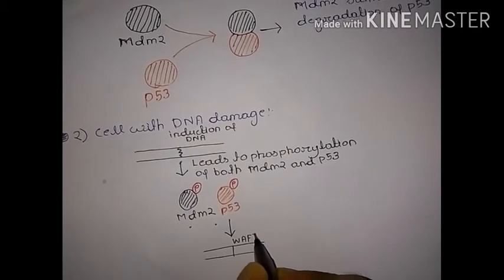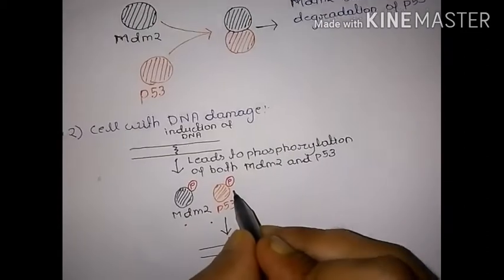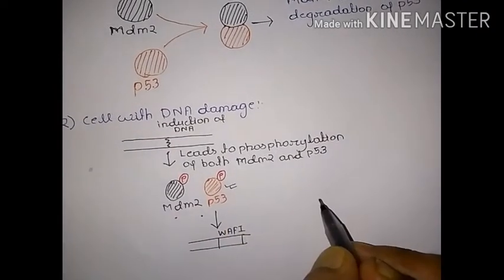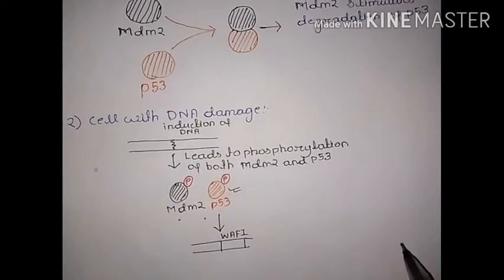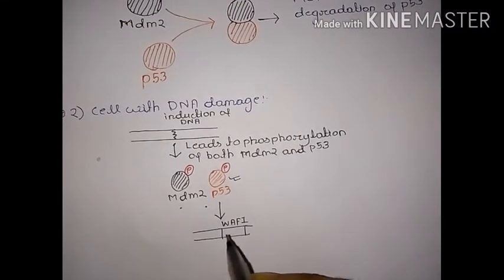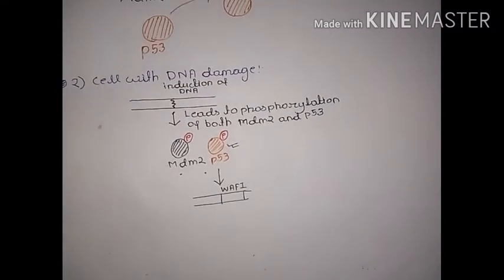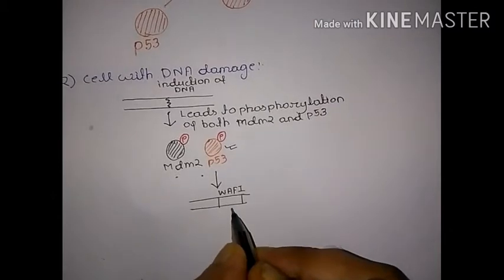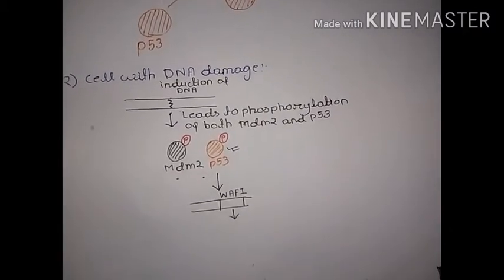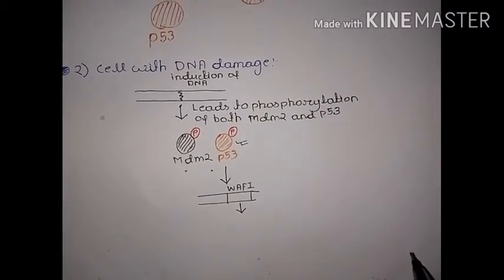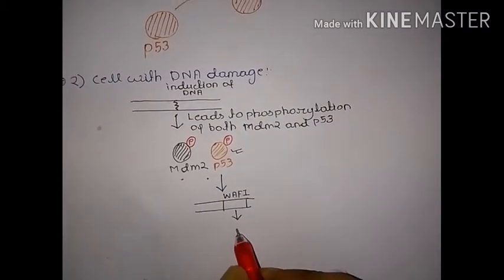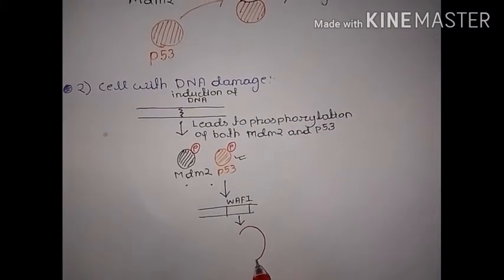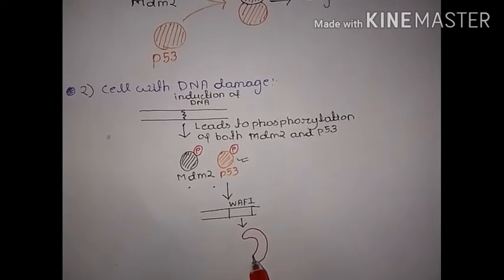The phosphorylated form of p53 acts as a transcription factor and helps in the expression of WAF1. WAF1 encodes a protein that is called p21 protein. So what is the name?